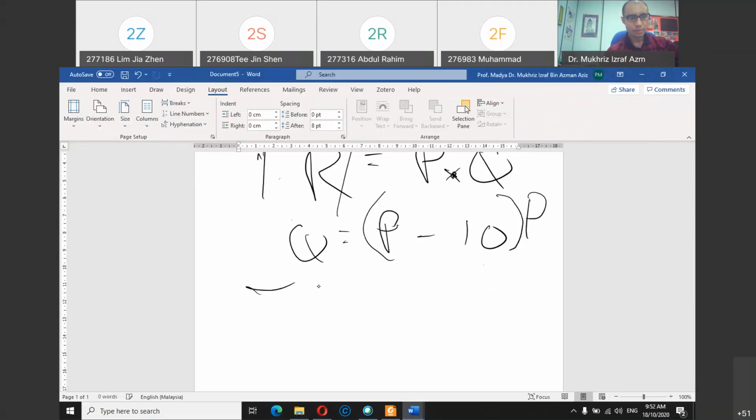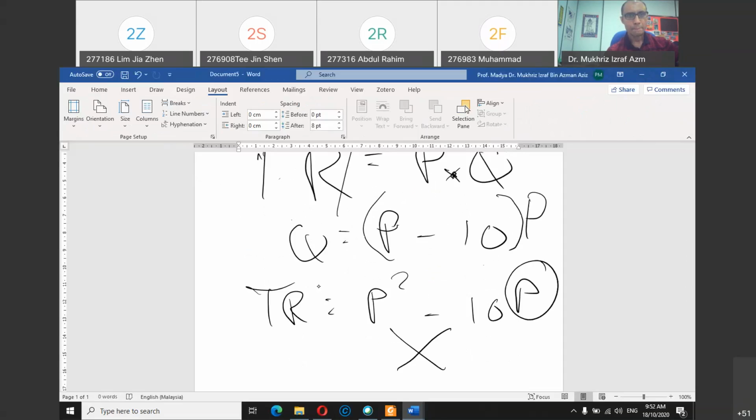And this is not the correct way to express total revenue, because your TR is in terms of price. Your TR should be in terms of Q, quantity, not in terms of price.